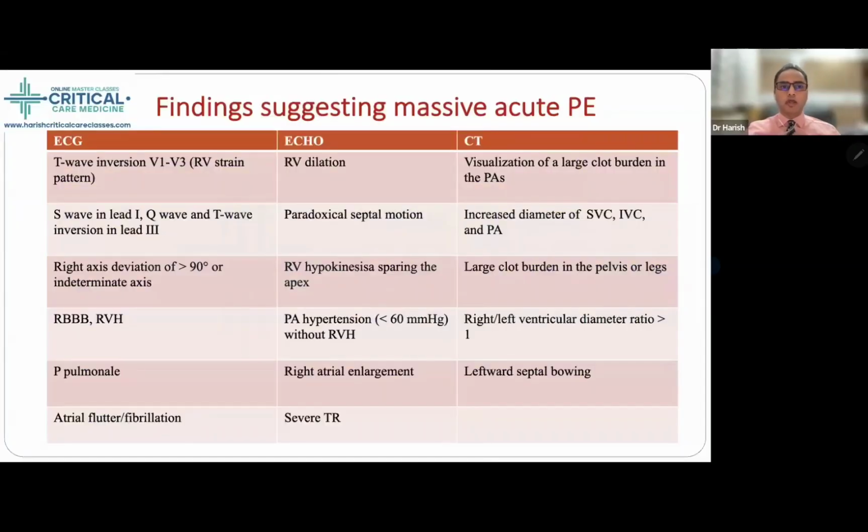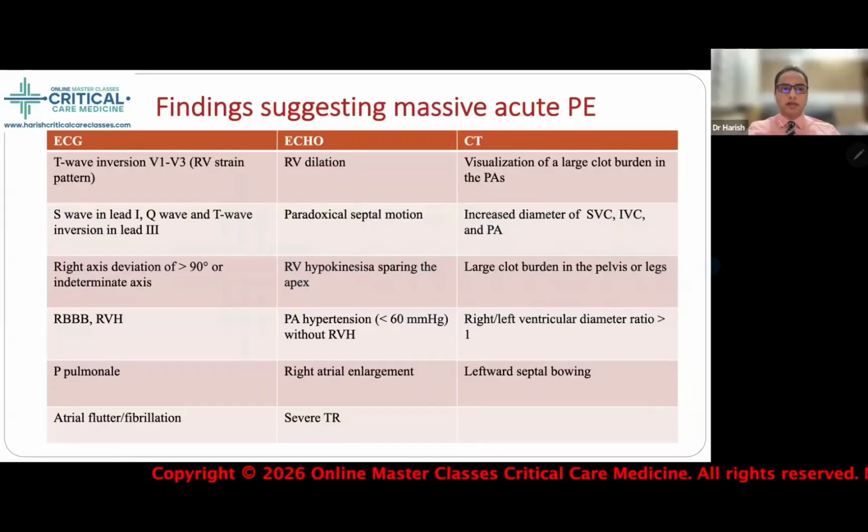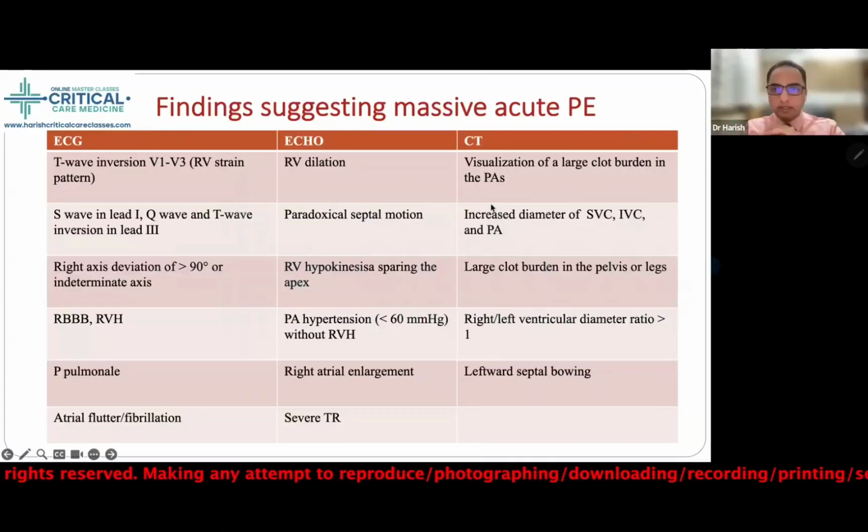Okay. So this is again one table which suggests a massive PE based on ECG, echo and CT. On ECG, if the patient is having T-wave inversion in V1 to V3, RV strain, RV dilatation, and on echo, visualization of the large clot burden in the pulmonary artery itself, on the CT it suggests massive PE.